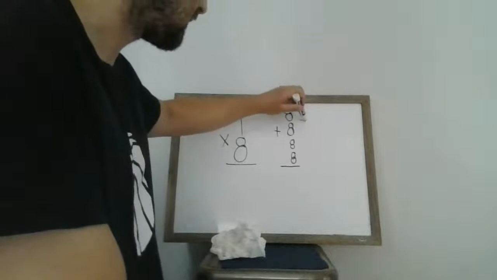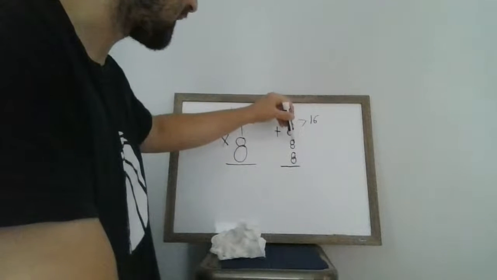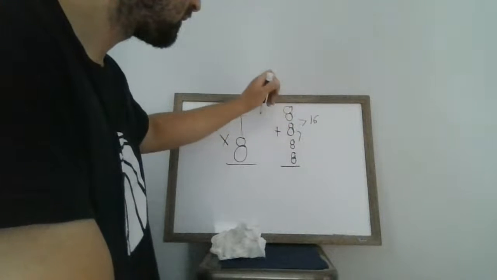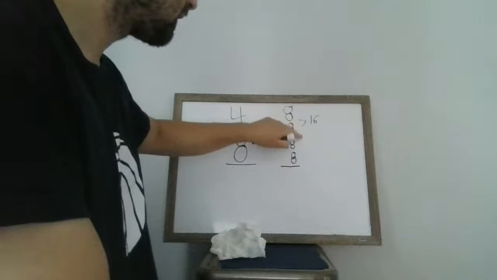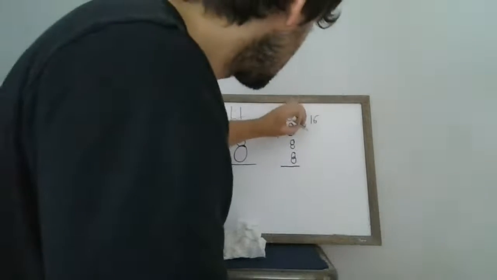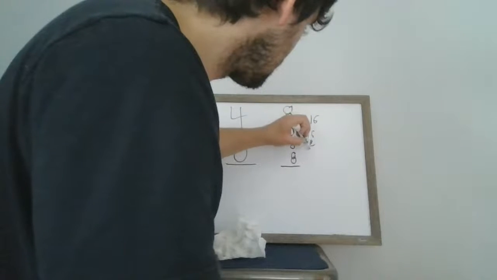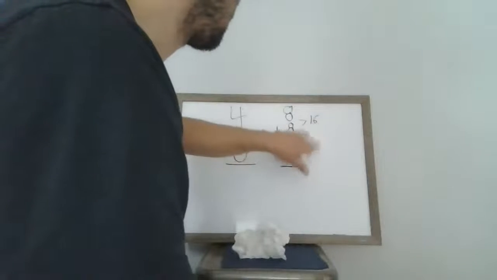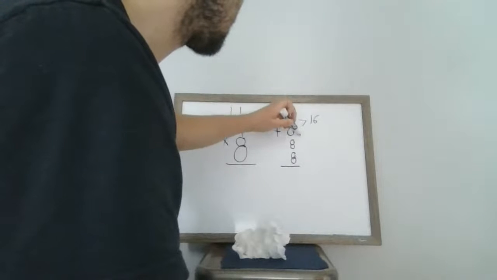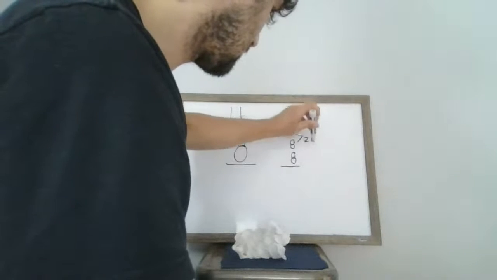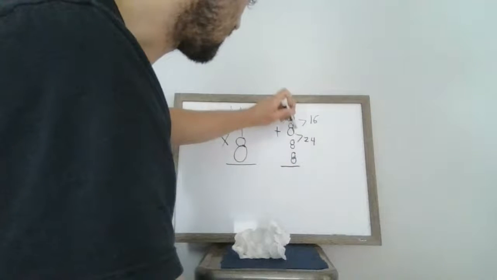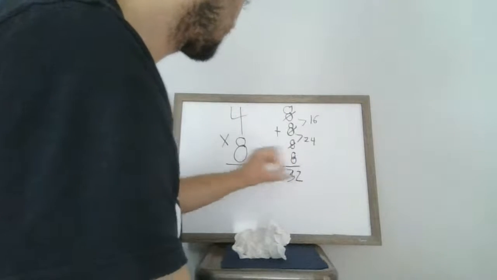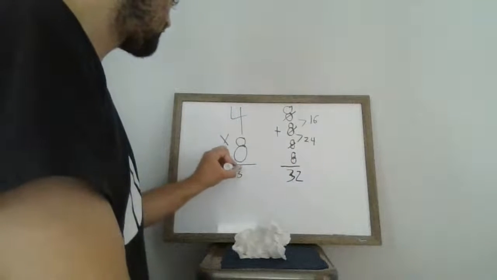So 8 plus 8 is 16. 16 plus 8 is 24. Cross these out because we added them. 24 plus 8 is 32. So 4 times 8 equals 32.